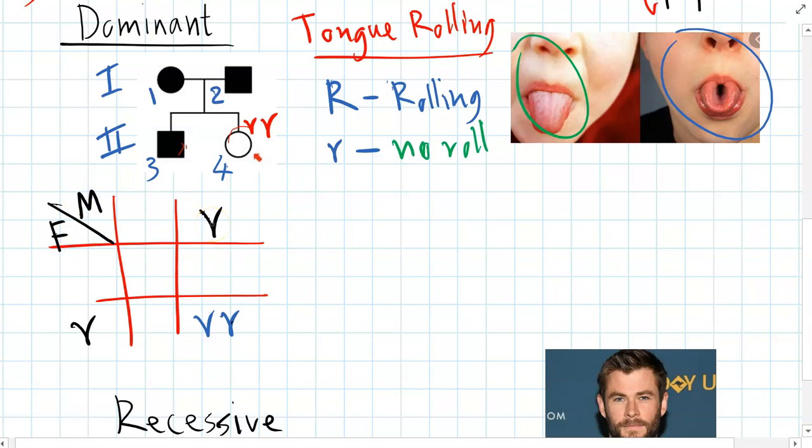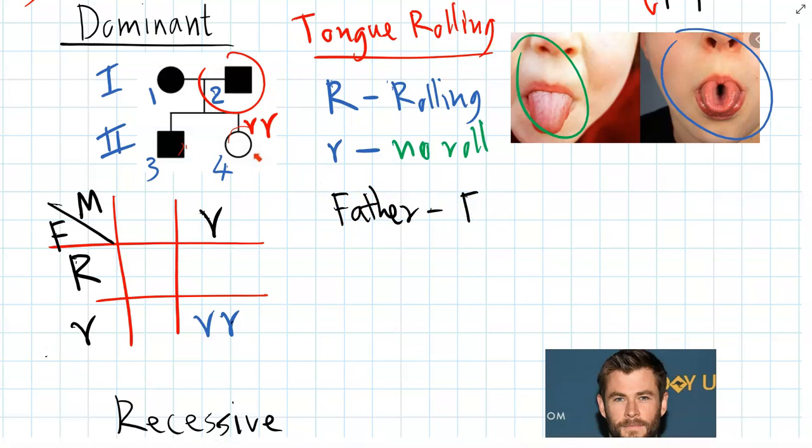But we also know that the father, he can tongue roll. So he has the trait. So that means he must have a capital R allele too, because that will make him, if we write out his genotype, capital R, small r.